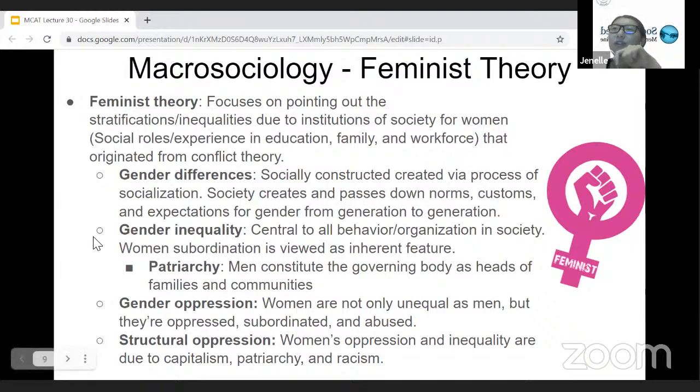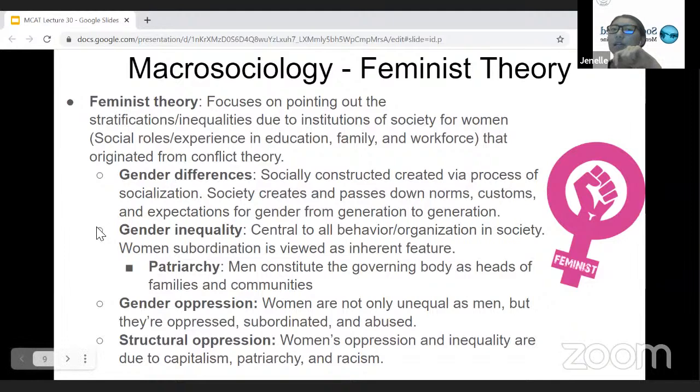So within feminist theory, there are different focuses that subgroups of feminist theory focus on. Some of them focus on gender differences, which are socially constructed and created via processes of socialization. It's hypothesized that society creates and passes down norms, customs, and expectations for gender from generation to generation.